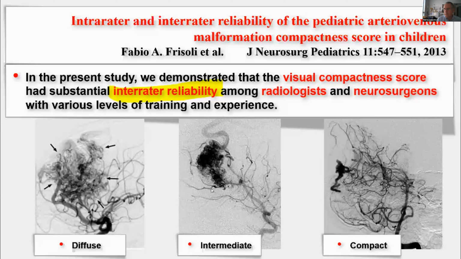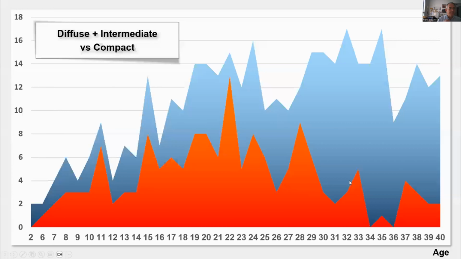We did a study, and we are ready to publish it. We evaluated the diffuseness with this very easy scale that has already been confirmed with reliability. And you see, this is a diffuse AVM, this is an intermediate one, and this is a compact one.